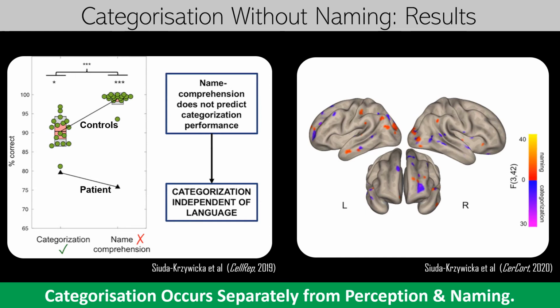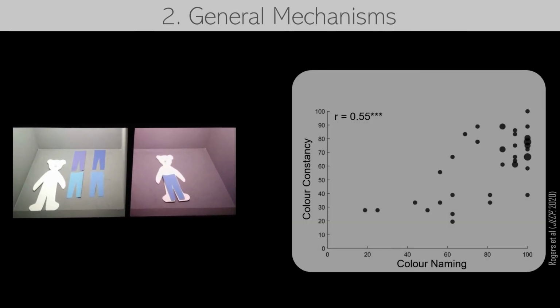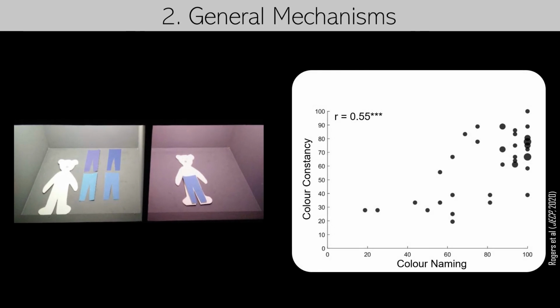Second, I propose that categorization of color relies on generalization through learning that is not specific to color categorization. We investigated the relationship between color constancy and color term development. Color constancy is the ability to identify colors across illuminations.